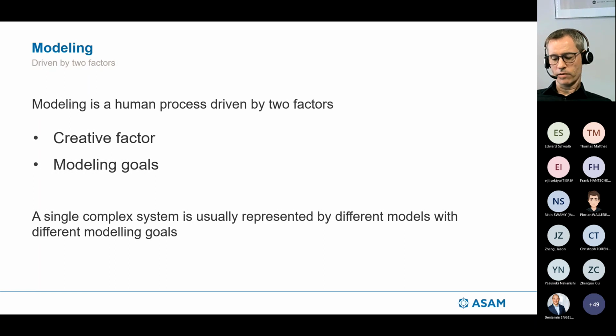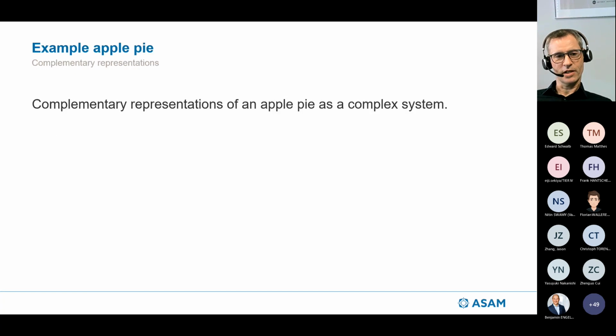So I have a funny example, I guess. We are talking about an apple pie right now, and we are looking at the complementary representations of the apple pie as a complex system. When we look at this list, we have a piece of an apple pie which represents the original.